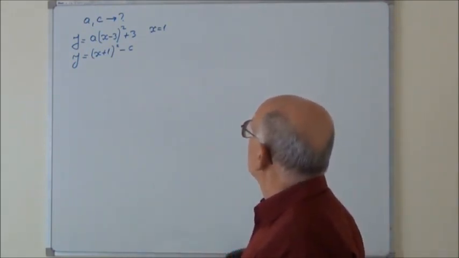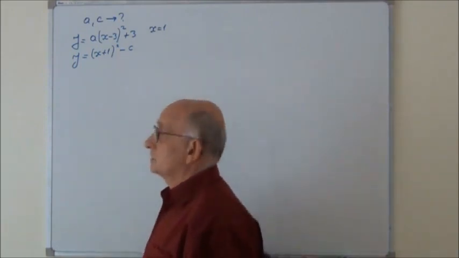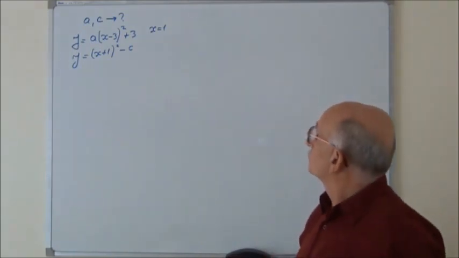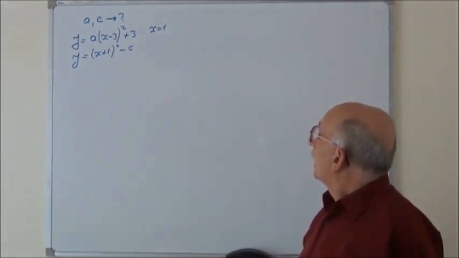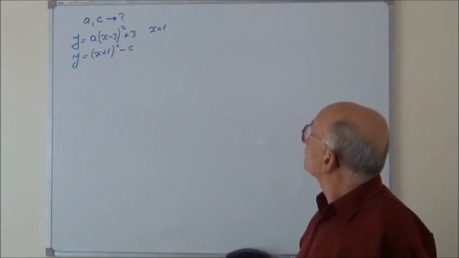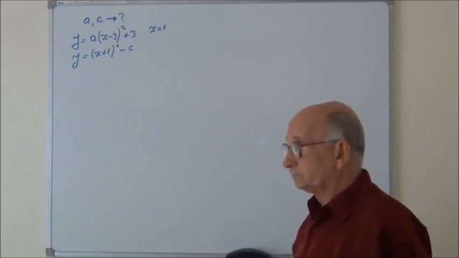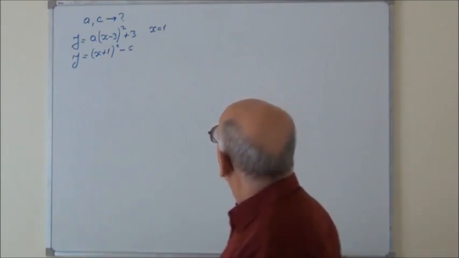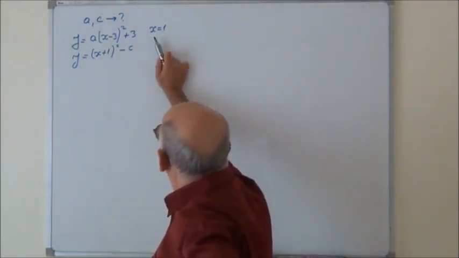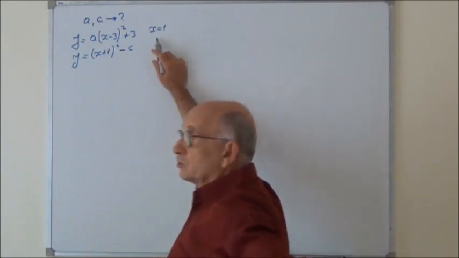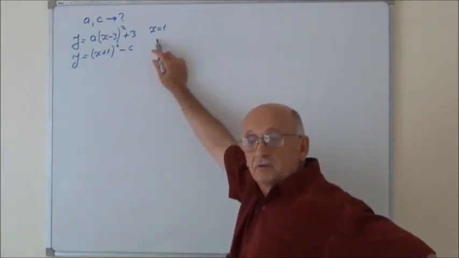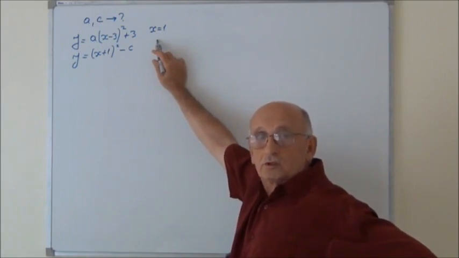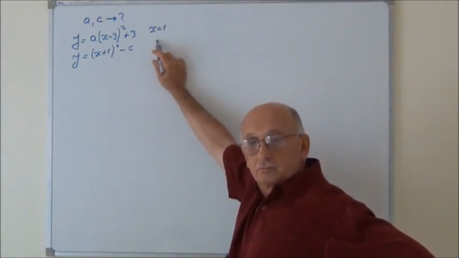Of course, again, we have to find a and c, so somehow we are looking again for two simultaneous equations, but how to form them? We have here coordinate x, so that is the coordinate of one point, but we have to understand that that point is a common point for both curves.